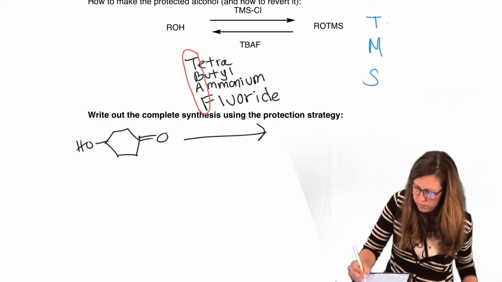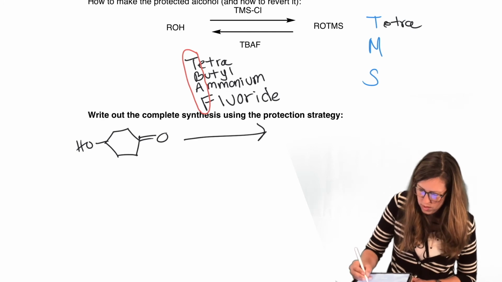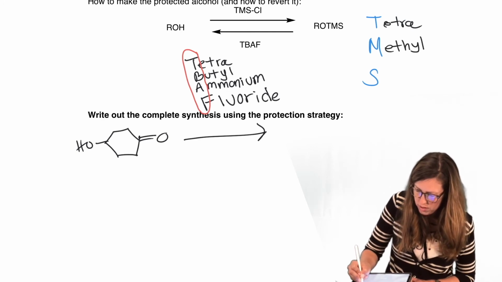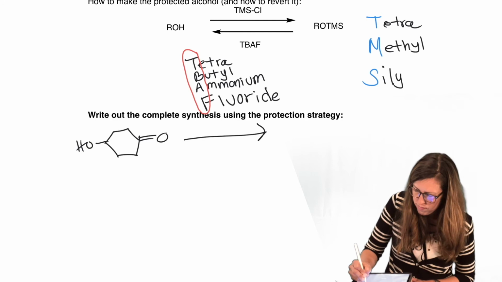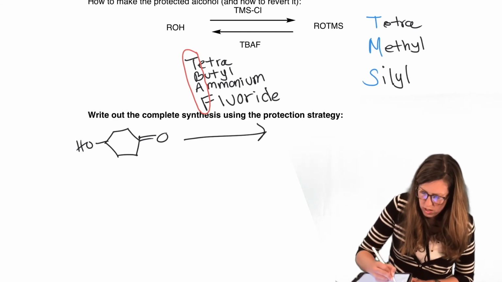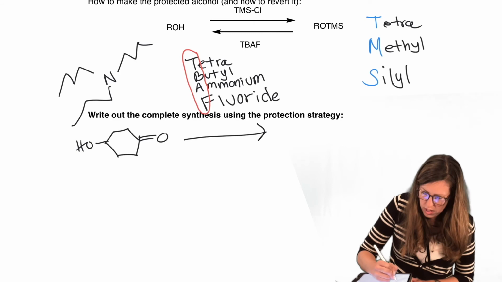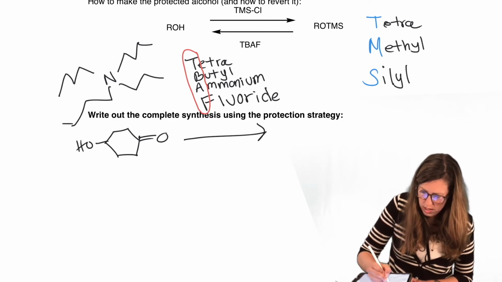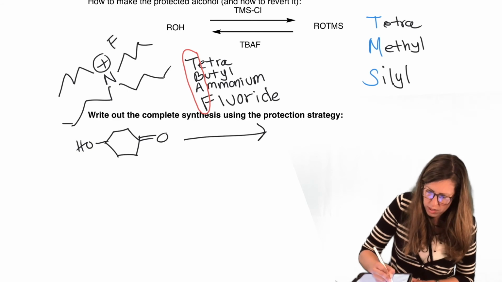Okay, so TBAF looks like this. It's an ammonium salt. Butyls make up the ammonium, and then there's a plus there and the fluoride minus.